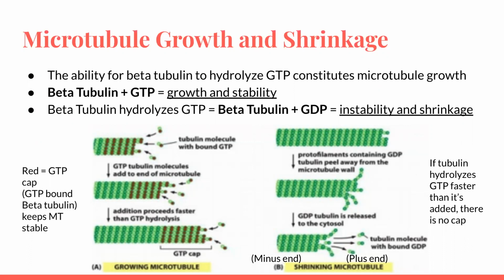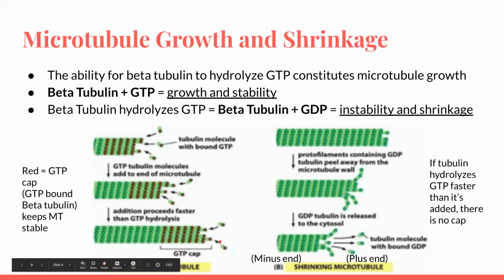Remember, this is at the plus end, because the minus end is where they're embedded in the microtubule organization center. And the addition proceeds faster than GTP hydrolysis. So by the time GTP hydrolyzes into GDP, you're adding more already. And then you get this GTP cap, which is basically GTP bound to beta tubulin. This red is the GTP cap bound to beta tubulin, and this keeps the microtubule stable.